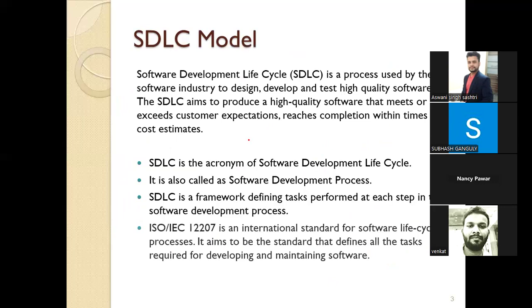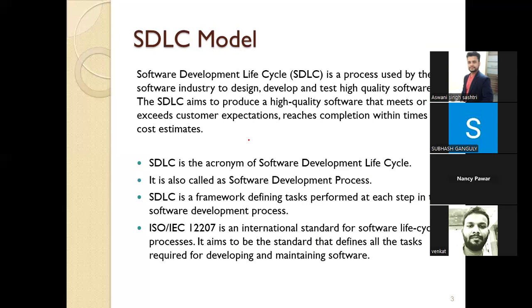Nancy, please read this. Okay, sir. Software development life cycle, SDLC, is a process used by the software industry to design, develop, and test high-quality software. The SDLC aims to produce high-quality software that meets or exceeds customer expectations, reaches completion within times and cost estimates. First, SDLC is the acronym of software development lifecycle.